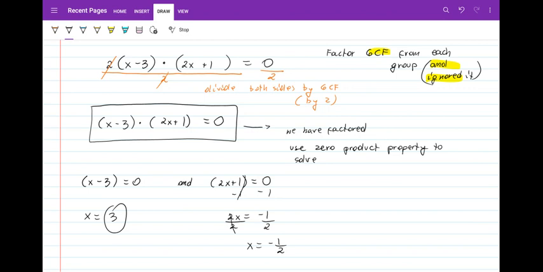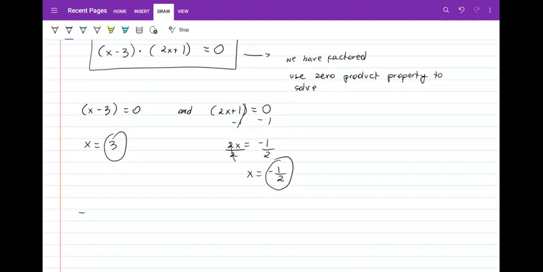So we have two solutions. So the solution set is negative 1/2, 3. So two solutions.